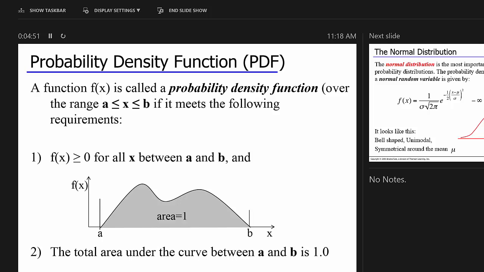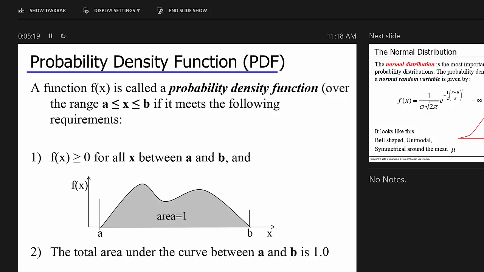We don't know what event will happen. We don't know how many questions the student will get correctly on the quiz, but if we compute the probabilities of all different outcomes and add them together, that should add up to 1, giving us certainty. We don't know what will happen, but something will certainly happen. Same thing here. The total area under the curve should be 1.0, which is equivalent to the rule that all probabilities should add up to 1.